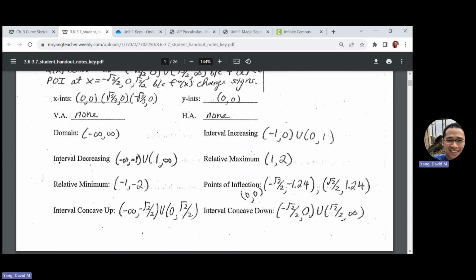Would there be one of the inflections on the first derivative of the function? No, the first derivative function is not going to tell you concavity or point of inflection. It's going to just tell you what the slopes are. So it'll give you relative max, relative min, or neither. But anything that is curvature wise, that's going to come from your second derivative sign line.